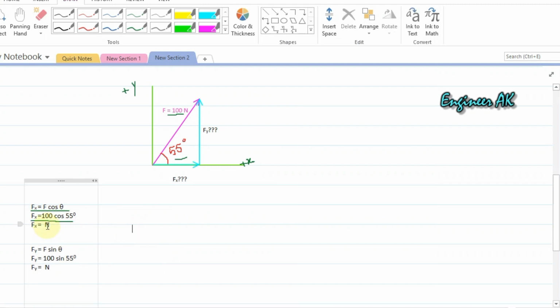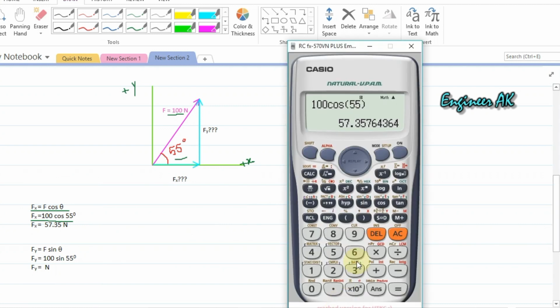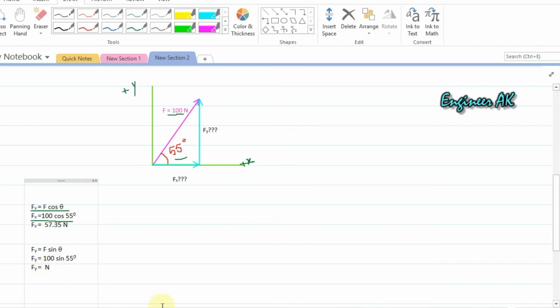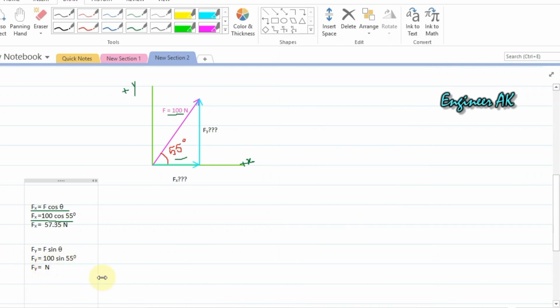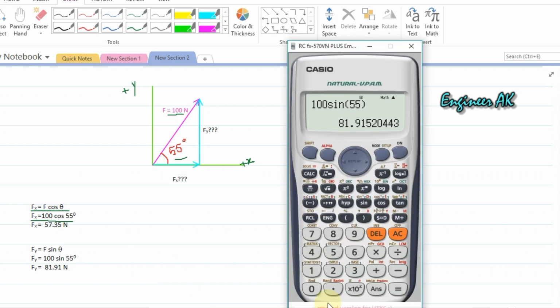Now for the y component I am putting just sine, and I'm getting 81.91. So the y component is 81.91. Now let's check this through the calculator directly.